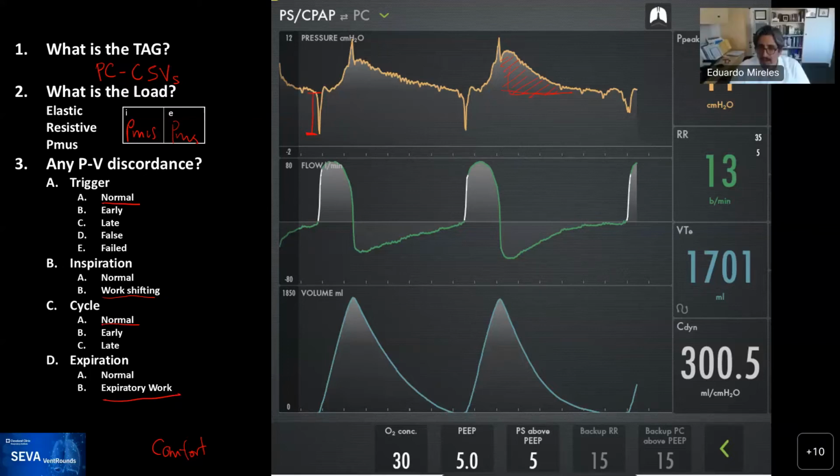Questions from the team, comments? I would highlight, and this was interesting, that's why I cut this area so that you could see it. Look at the dynamic compliance. Isn't it psychotic?